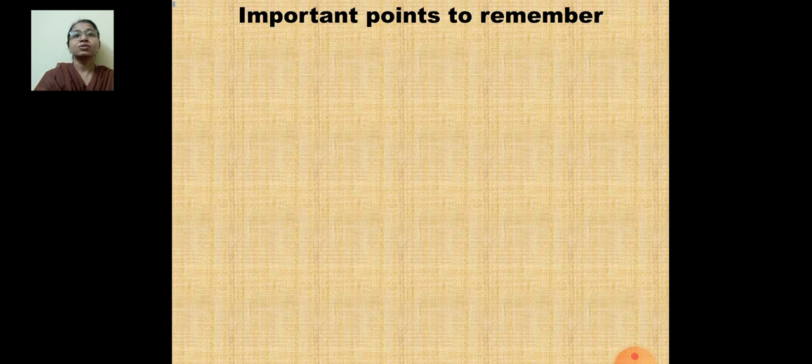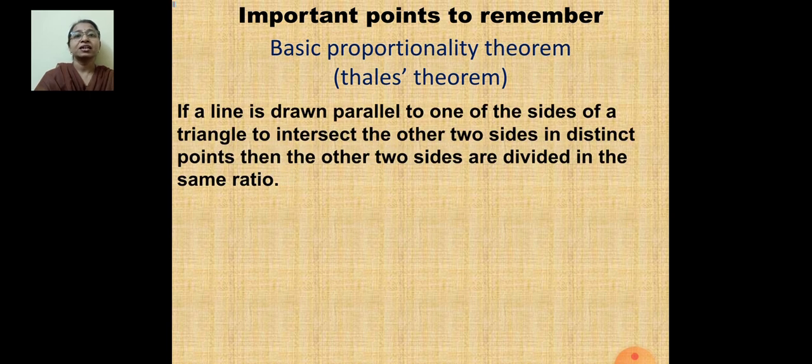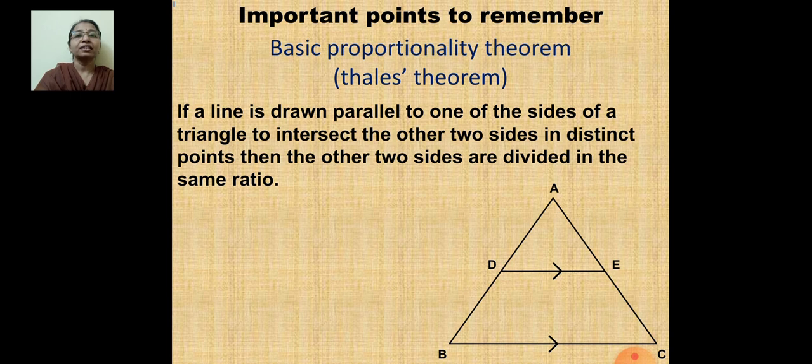We have also seen the very important basic proportionality theorem, or Thales theorem, which states that if a line is drawn parallel to one side of a triangle to intersect the other two sides in distinct points, then the other two sides are divided in the same ratio.